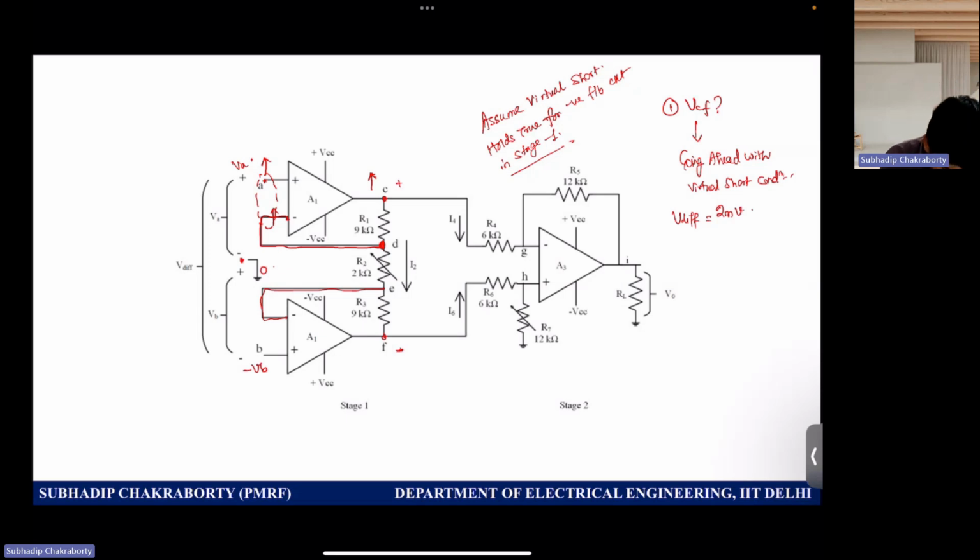Now what I can comment is that if this voltage is VD, then due to virtual short, I can write VD equal to VA. So this is nothing but VA, and again if this is VE, then VE equal to VB. So this is nothing but VB.